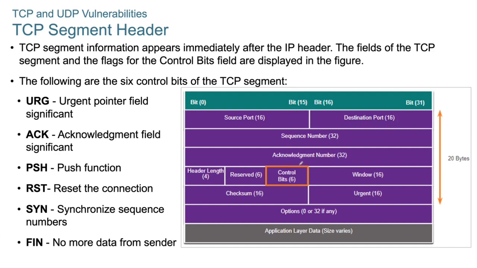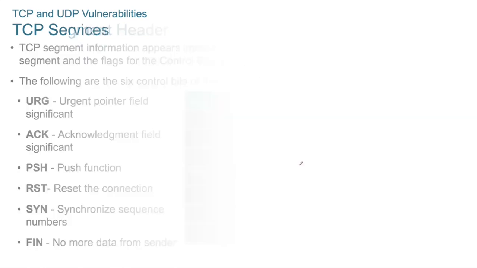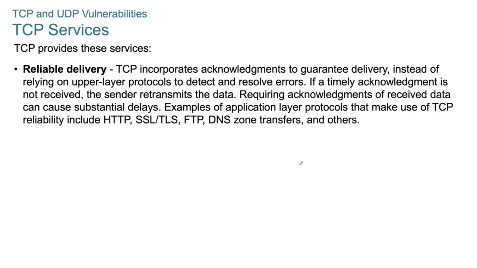So what are the different TCP services that we have discussed so far? One is reliable delivery. As you know, before sending the actual data, the connection is established between your source and destination. Once the connection is successfully established using the three-way handshaking process, the actual data transmission takes place from sender to receiver.